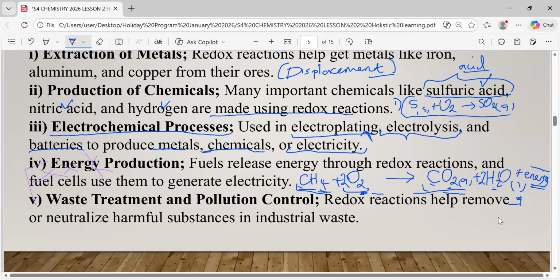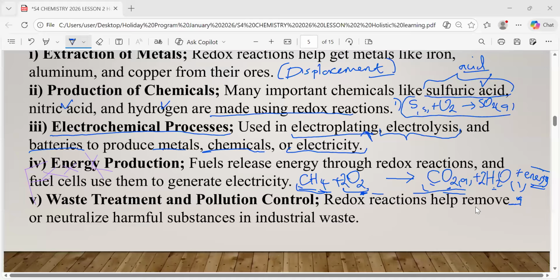Okay, Joel, thank you very much. Let me have Melvin take us through the last point. Waste treatment and pollution control. Redox reactions help remove or neutralize harmful substances in industrial waste.